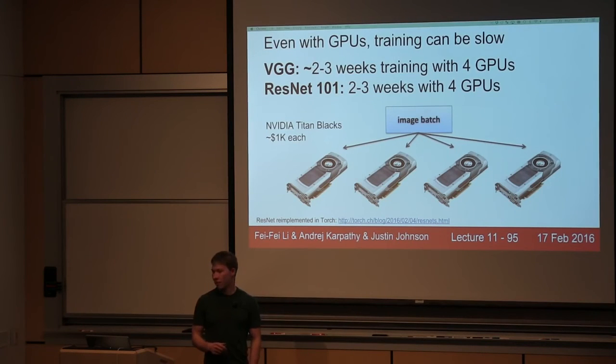The easy way to split up training across multiple GPUs is just to split your mini batch across the GPUs. Especially for something like VGG, it takes a lot of memory, so you can't compute with very large mini batch sizes on a single GPU. So you'll have a mini batch of images, maybe 128 or something like that.